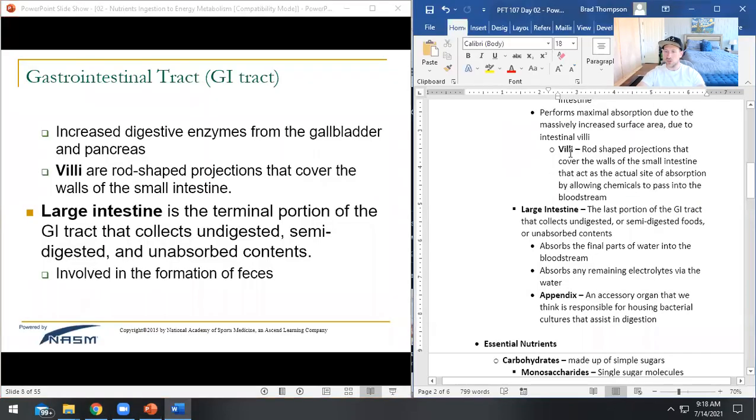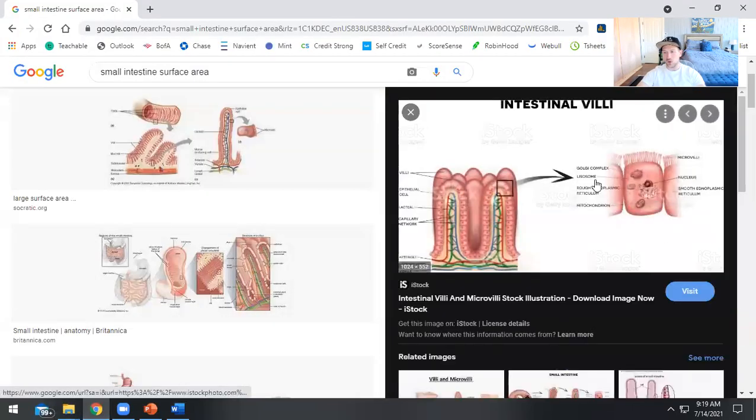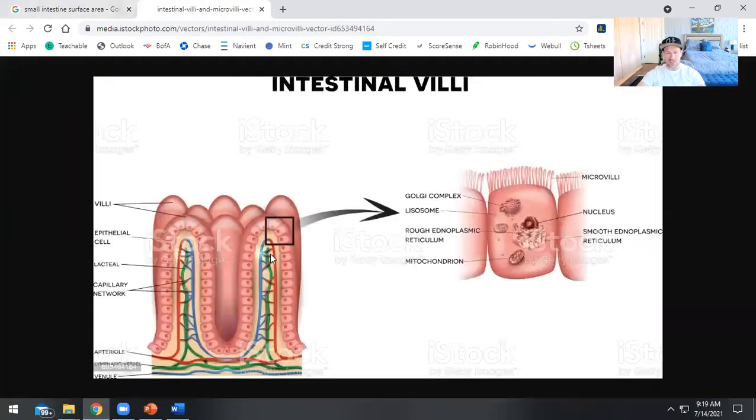So those little folds are called villi, right? Villi are these little rod-shaped projections that cover the walls of your small intestine, and this is the actual site of absorption. This is where chemicals are passing from one side of the wall. You can see here each of these individual little cells.